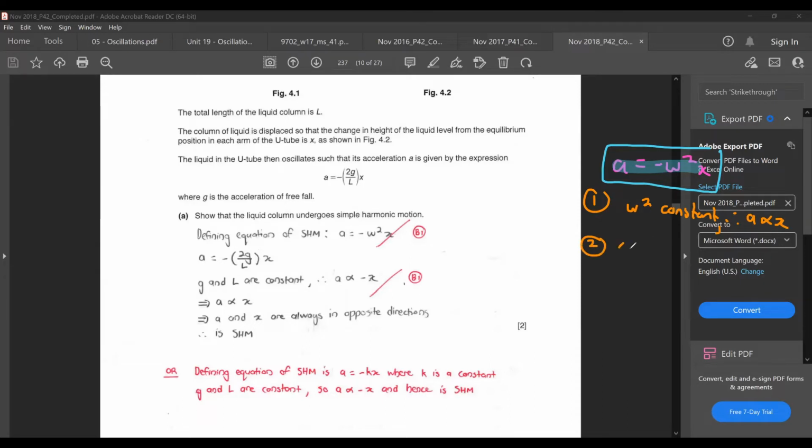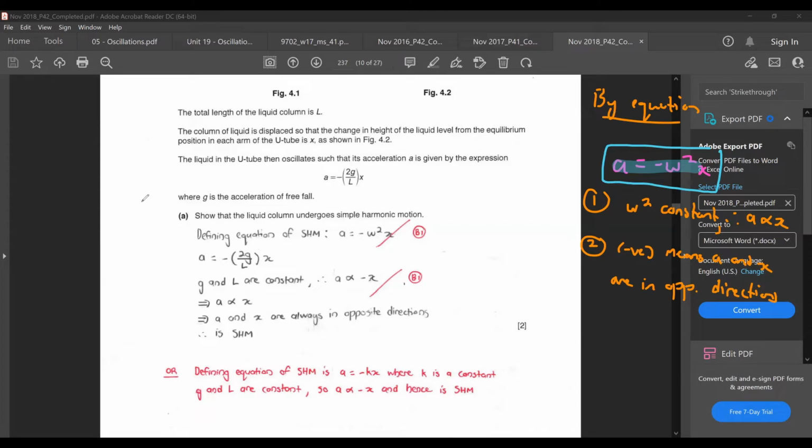And then the negative sign means a and x are in opposite directions. This is proving SHM by equation.